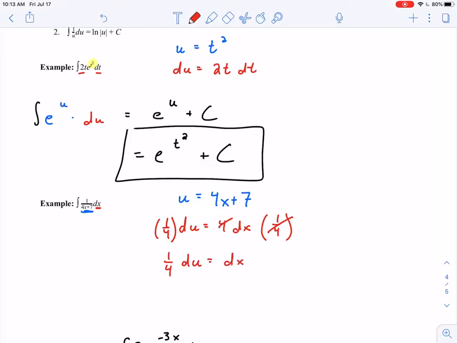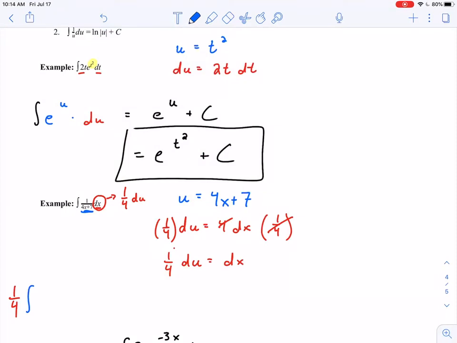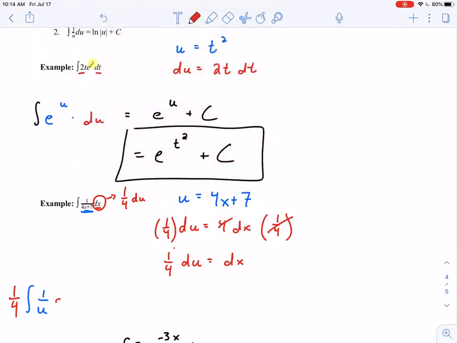So at this point, it seems like I can make my substitution. I know I'm going to want to factor out this 1/4 because remember dx, this piece right here, is really going to be 1/4 du. So I'm going to factor that constant multiple of 1/4 out right away. 1/4 times the indefinite integral of 1 over u, and then in place of dx, I will have du.